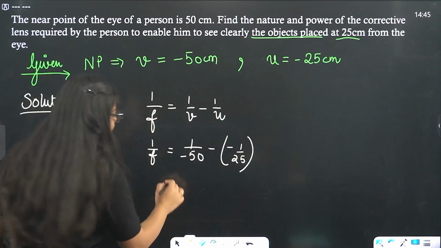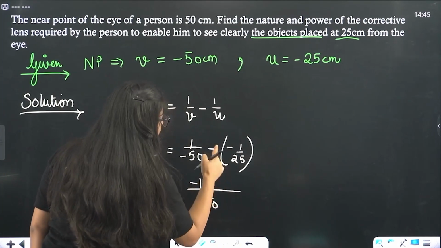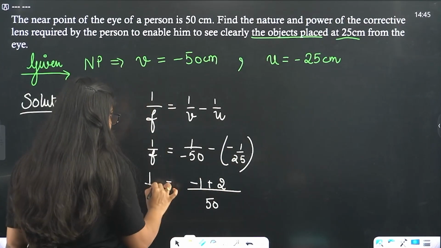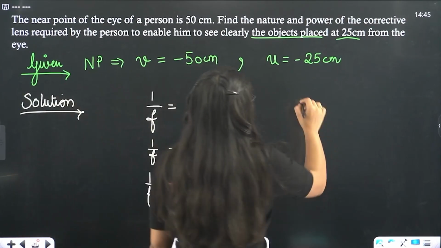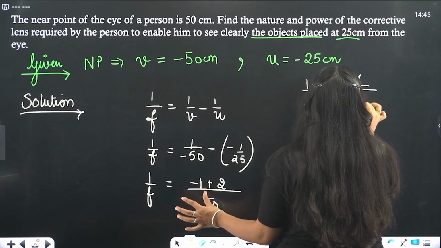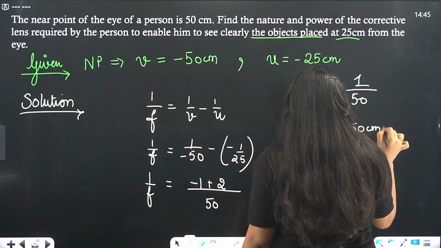Just take the LCM. The LCM will be simply 50. This will be minus 1 plus 2, since 25 twos are 50. So 1 by f comes out to be minus 1 plus 2, that is 1 by 50. So the focal length is simply 50 centimeter.